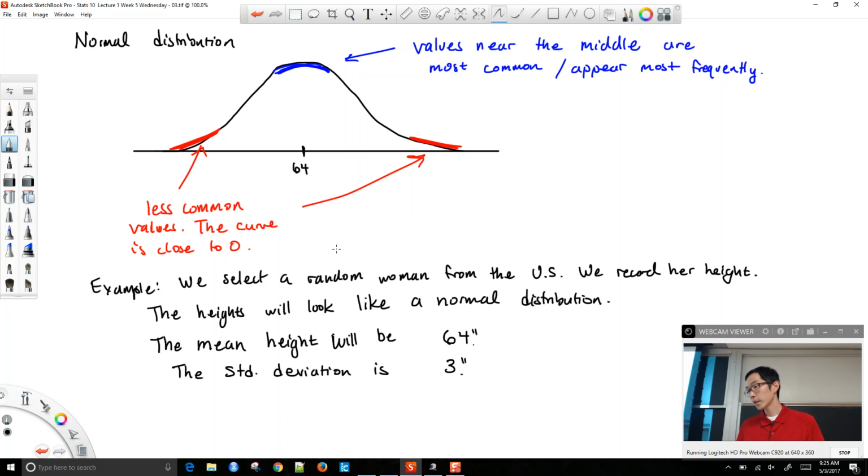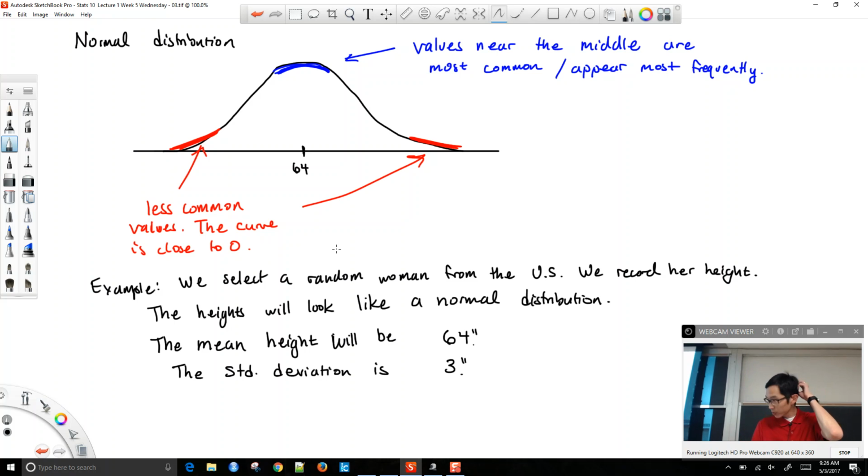Heights that are much higher or much lower also exist, but are less common. If we're at 5'4" and go up 6 inches to 5'10", that's less common than values around 5'4". If we go down 6 inches to say 4'10", that will also be less common. Those heights will be less common than values near the middle. That's kind of what we have.